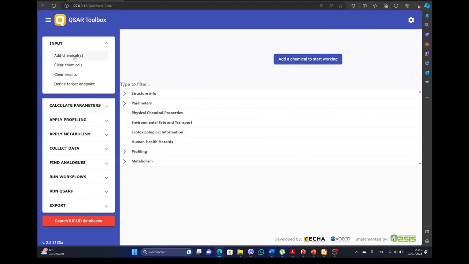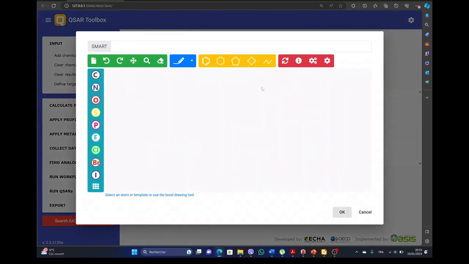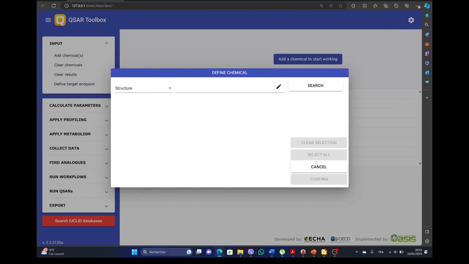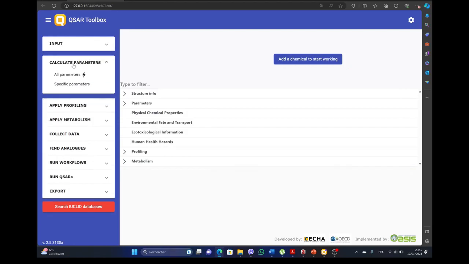We have the ability first to add chemicals, even by their CAS number, by their chemical name, or by their structure. We can define the structure of the substance of the product that we are going to study, and it gives us the SMILES. After inputting our chemical, we can even calculate parameters, calculate the fingerprints, apply profiling or apply metabolism.